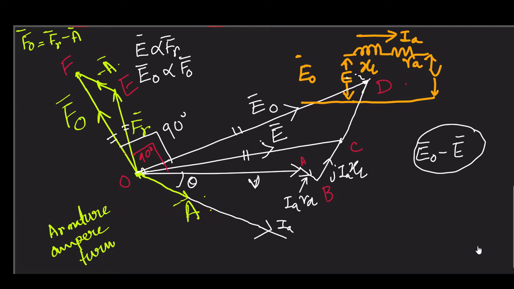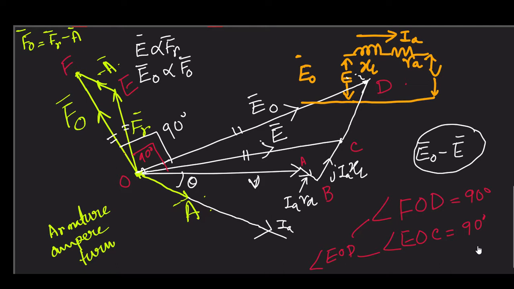So I'm talking about angle FOD, that is 90 degrees. Then angle EOC, they are 90 degrees, and both these angles contain which angle? Both these angles contain angle EOD.